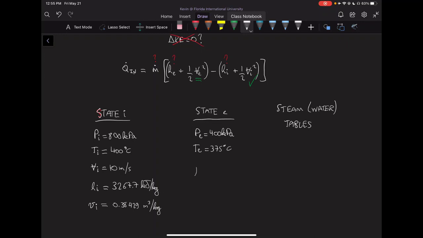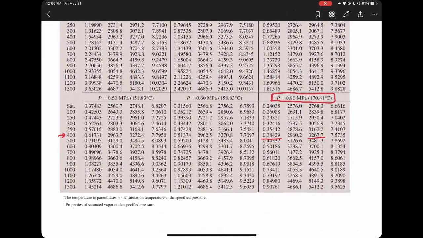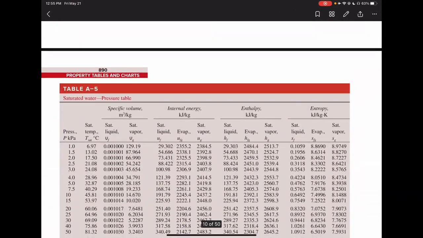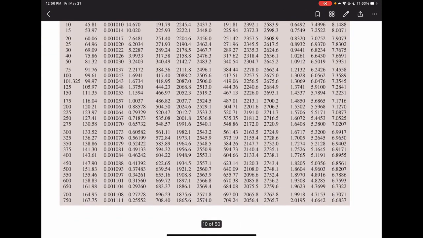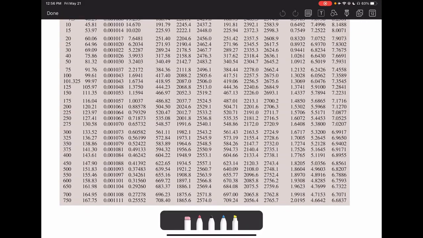So we can go to our tables and find HE. If we go back to our tables, we look now in table A5 for 400 kilopascals, and we see that the temperature is still greater than Tsat. Our Tsat is 143, but our temperature is 375.